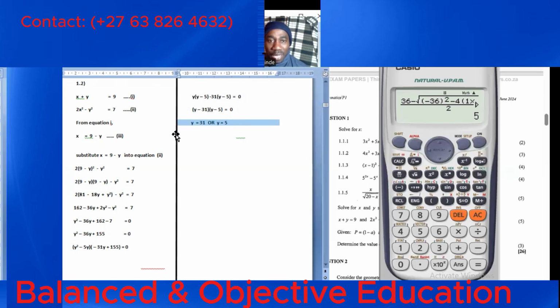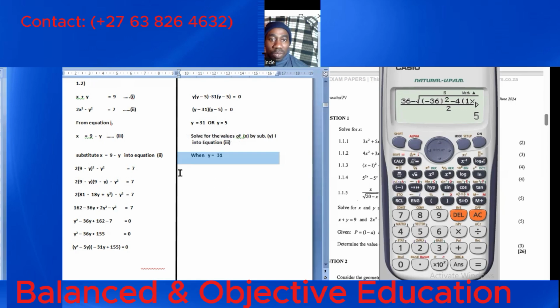So next, we have to calculate the corresponding values of X. And that is very simple. All we need to get the value of X is to substitute each value of Y into equation 3. And once we do that, let's look at the value of X when Y equals 31.